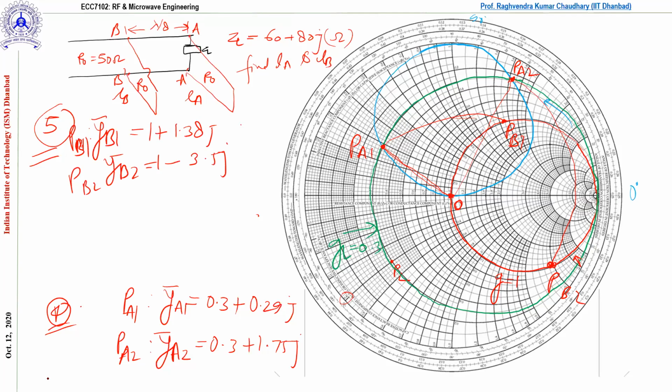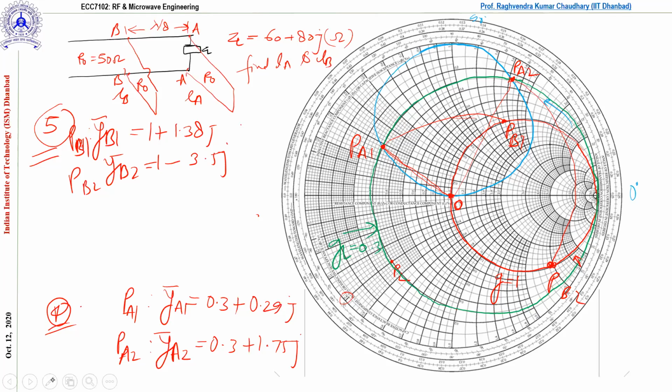Fine. Now you have all the points actually: YB1, YB2, YA1, YA2. Correct. Now what we need to find? We need to find YSA and YSB. This is the admittance of a stub, for A and B, first and second.